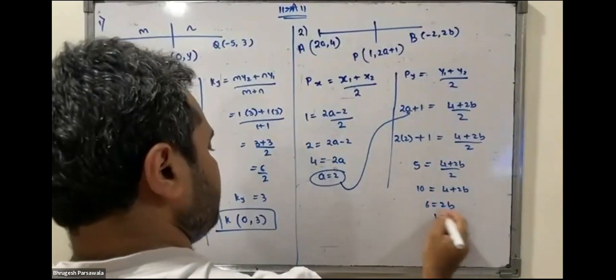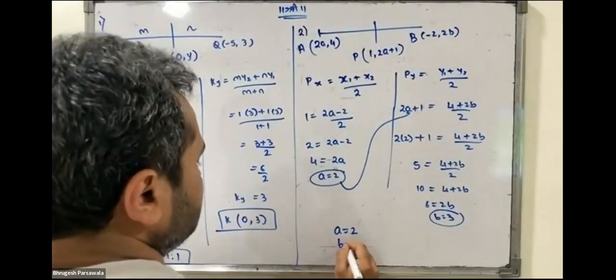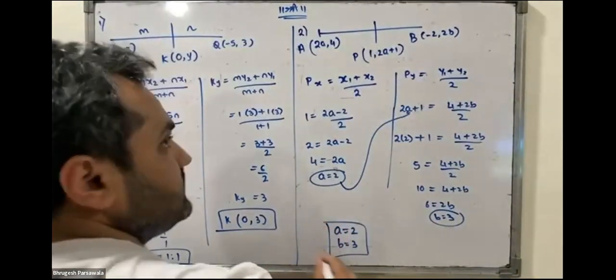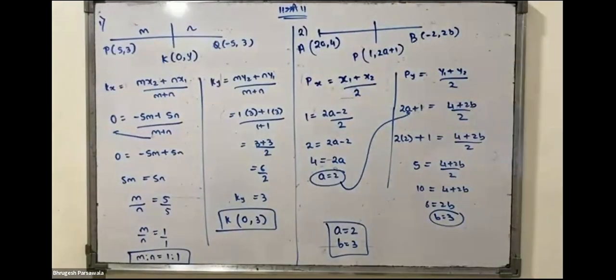So write the final answer: A is 2 and B is 3. Everyone getting it? Very easy sums we are starting with.